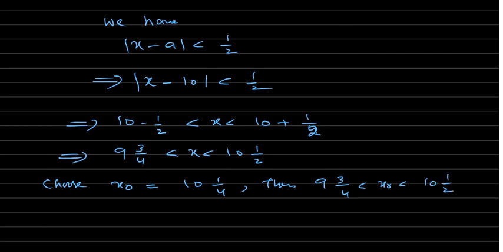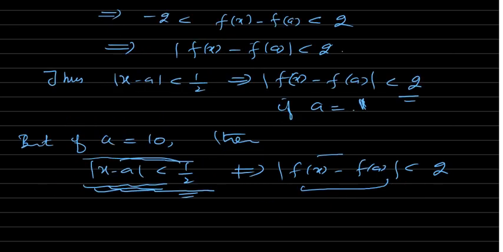So it is in this range, meaning this point satisfies the inequality mod of x minus a is less than 1 by 2, or that is, mod of x naught minus a is less than 1 by 2 for a equal to 10. But we see that this doesn't hold: mod of f of x naught minus f of a is not less than 2. So let's calculate this difference first.